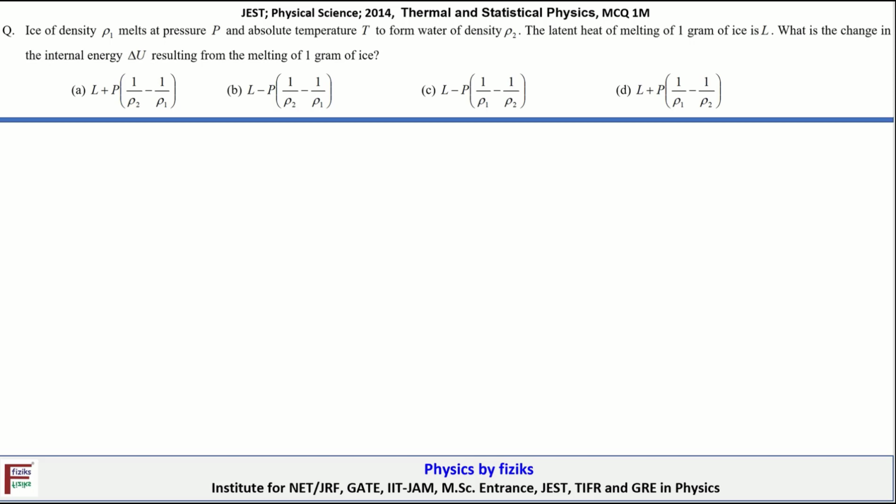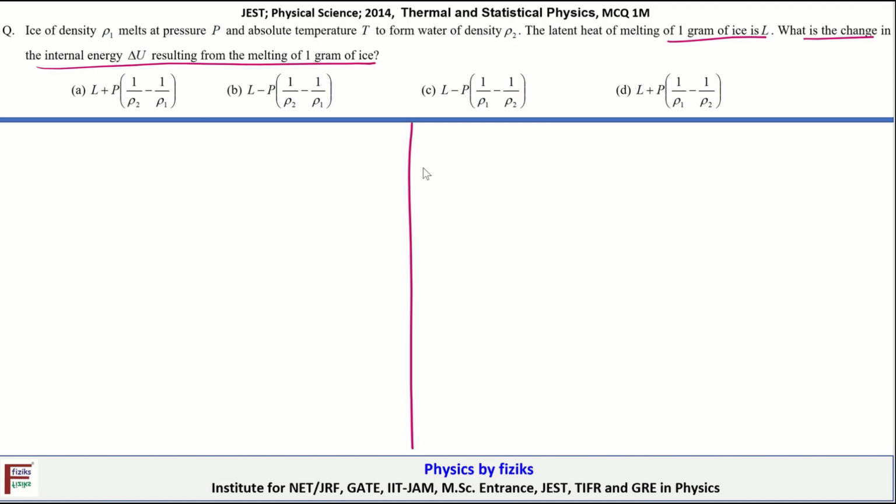So let's take a look at the next problem. The question is, ice of density ρ1 melts at pressure P and absolute temperature T to form water of density ρ2. The latent heat of melting of 1 gram of ice is L. What is the change in internal energy delta U resulting from the melting of 1 gram of ice?